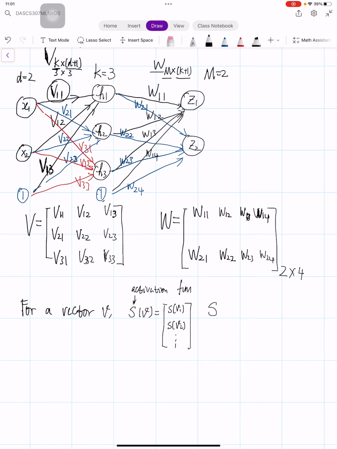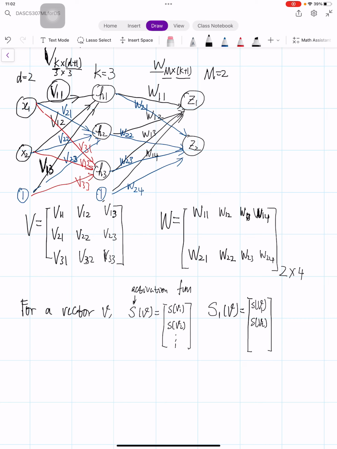If we have the subindex 1 with a vector v, what we mean is we apply the activation function s to each element in the vector.